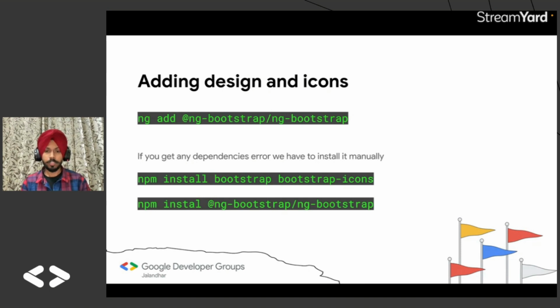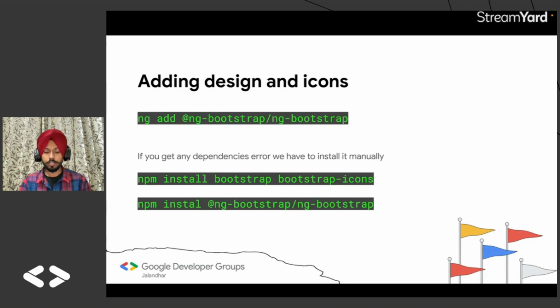It will automatically add all the Bootstrap required components, and you can natively install it inside your Angular app and use it. If you get any errors, you have to separately install using npm install bootstrap-icons, and npm install @ng-bootstrap/ng-bootstrap.